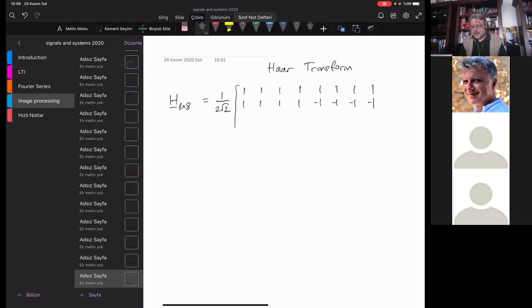resolvable, we have to further resolve the left-hand part 4 pixels and the right-hand side 4 pixels separately. And it's going to be like this. I will resolve these 2 to the left and 2 to the right by putting 1, 1 to the left and minus 1, minus 1 to the right.